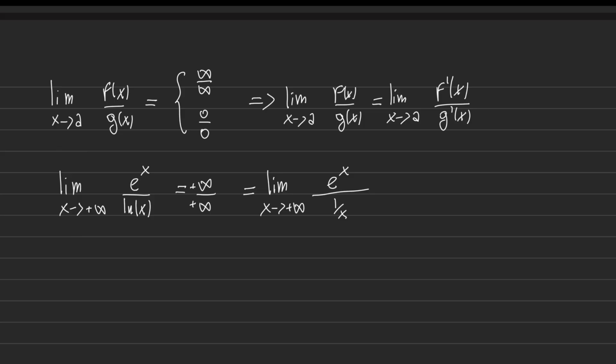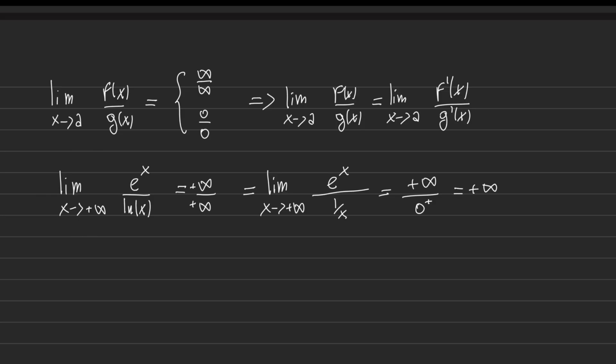And now, as x goes to infinity, what do we get? e to the x goes to plus infinity, and 1 over x goes to 0. In particular, it's going to be a positive number, because 1 over a number that is getting bigger and bigger is positive. So we have 0 plus. Which means that we have plus infinity divided by 0 plus, and this is just plus infinity.